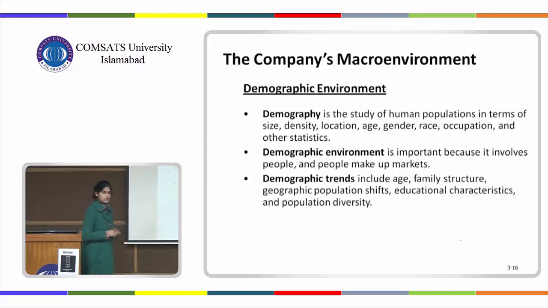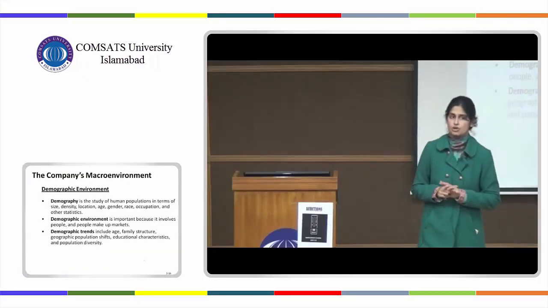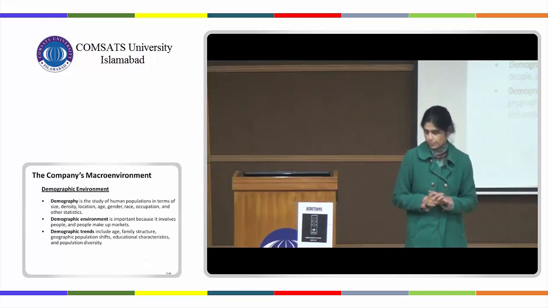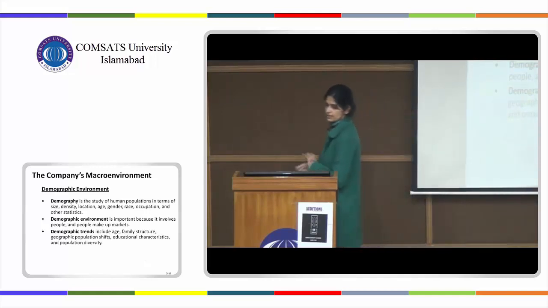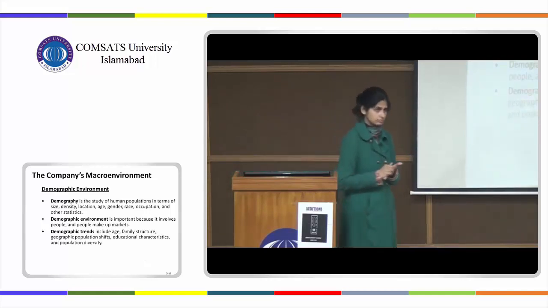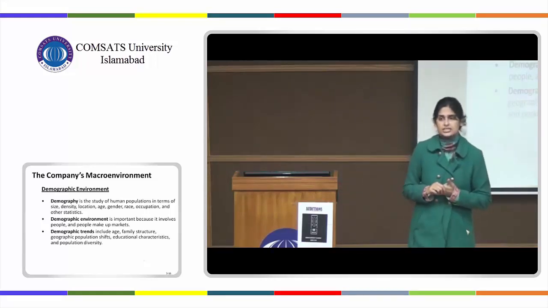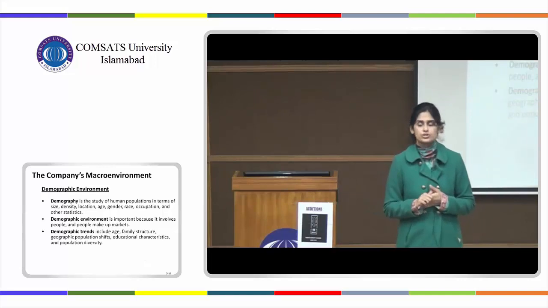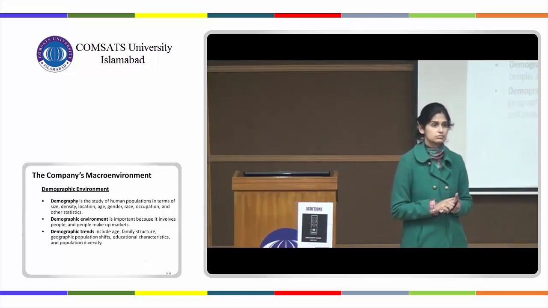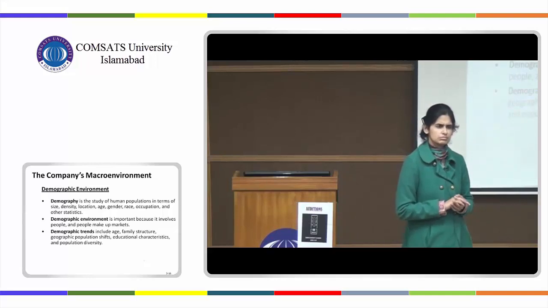So these are all demographic factors of a market, right? So the demographic environment includes these. So why is demographics important to businesses? If we don't know about demographics, we can't be that successful.